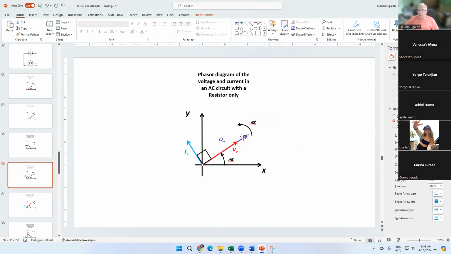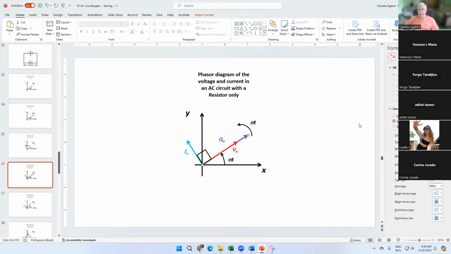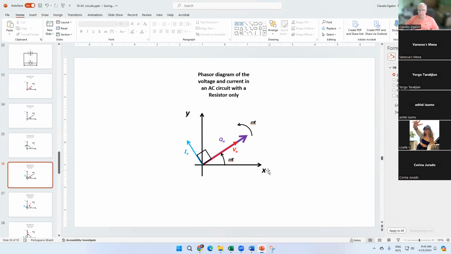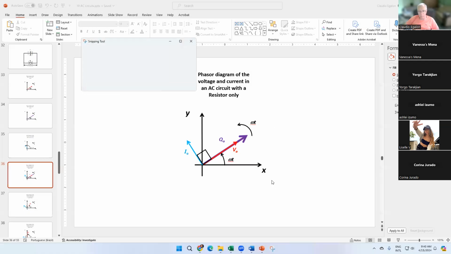Send to back. Let's make it a little bit thicker so you can see it. Yeah, like that, right? Q naught. So that's the one I'm going to place there.